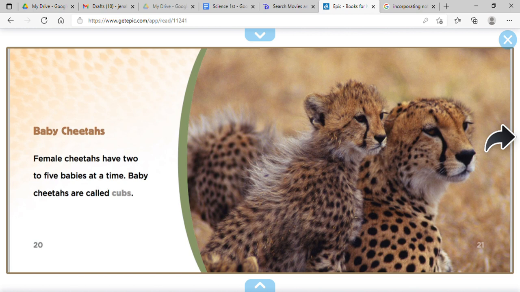Female cheetahs have 2 to 5 babies at a time. Baby cheetahs are called cubs. Baby cheetahs are cubs. Okay. You can just write down the word, and then you can make a sentence later.